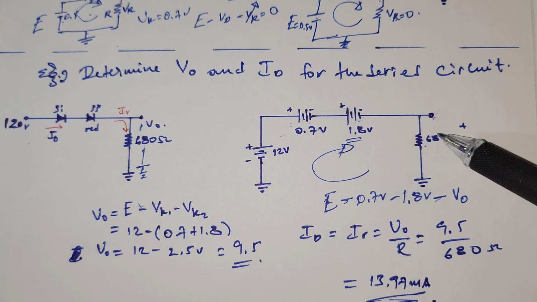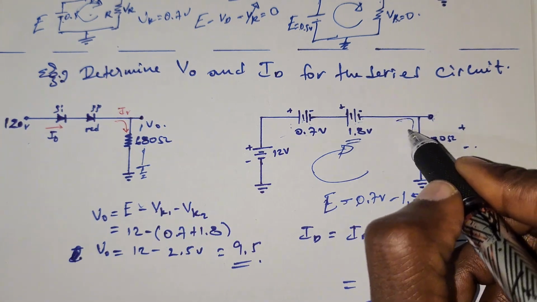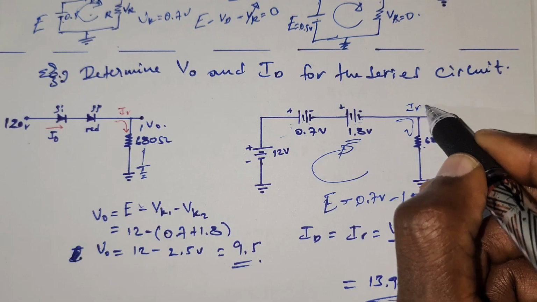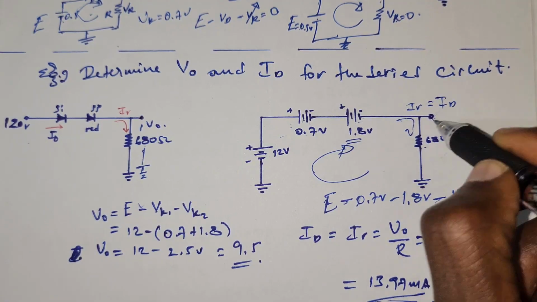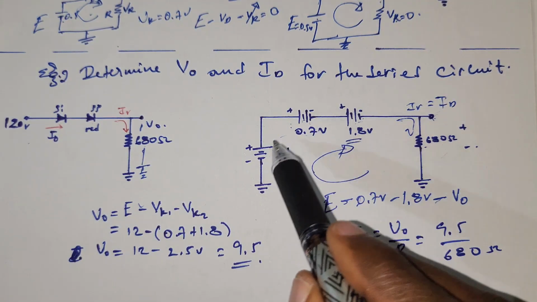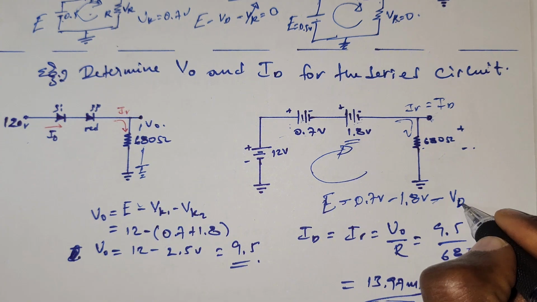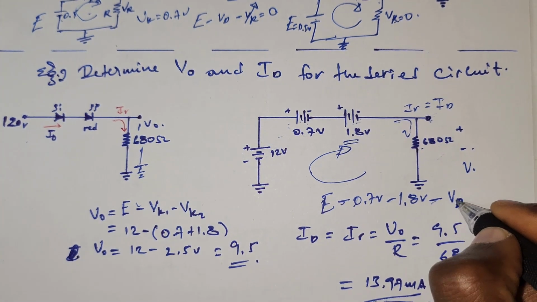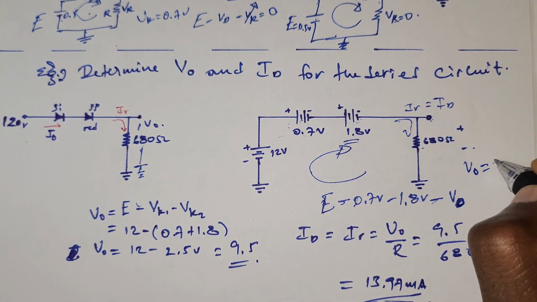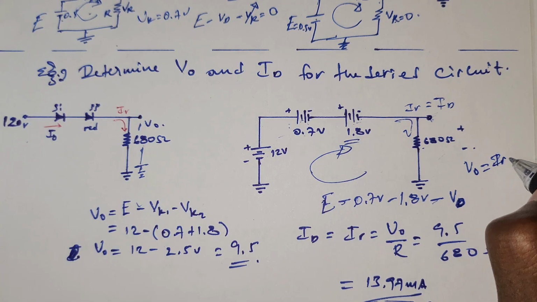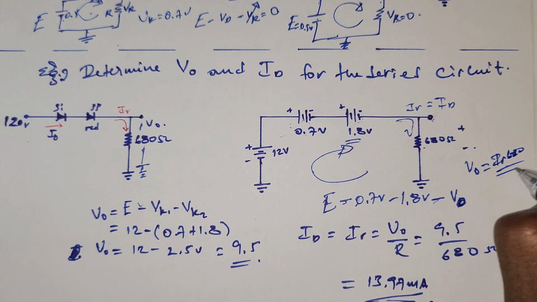IR is equal to ID, because the 4 components are in series. We know from the fundamentals of electric circuits that series components have the same current. So V output is equal to IR times 680 ohm.